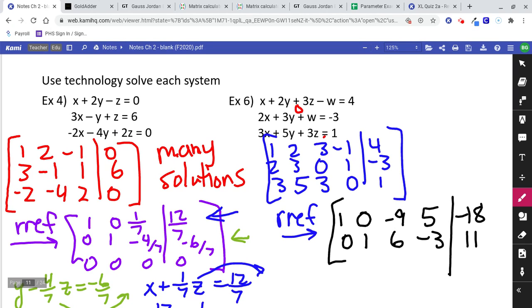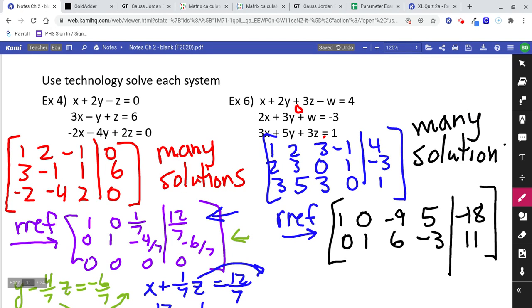The 0 rows don't really matter. They don't really do anything. You could write down zeros and another row of zeros if you want, but it doesn't really do anything. I'm just more concerned about the numbers. Again, I know this is many solutions. And I can tell because there's more variables than there are equations.